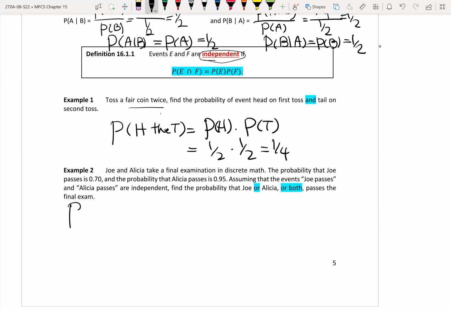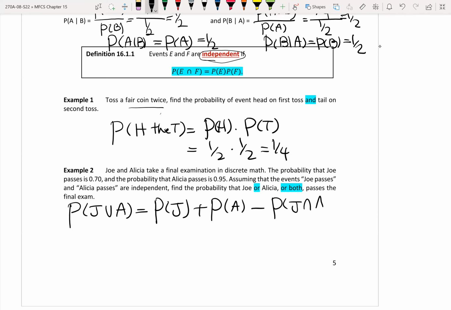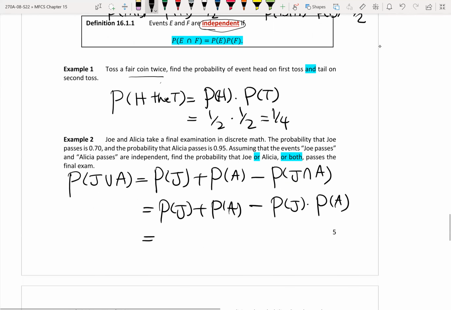So the probability of the first person passing or the second person passing is the same as the probability of the first person passing, plus the probability of the second person passing, minus the probability of both passing, which, since independence means the product of these probabilities, is the product of these.